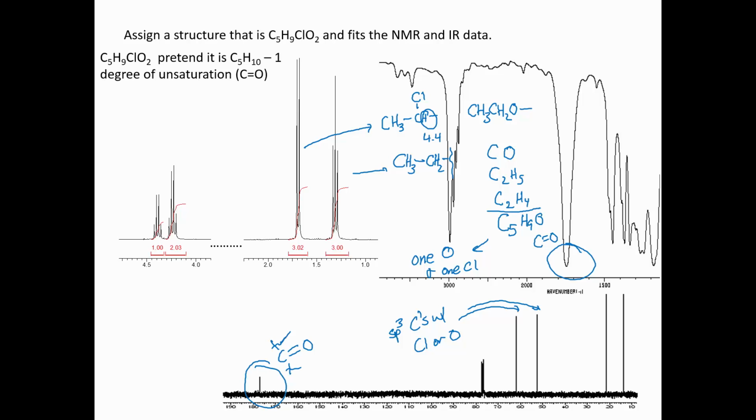So our structure has to be this compound right here. Ethyl alpha chloropropionate would be the name for this compound. So this is our structure. Again, for each of these, I think you should pause it periodically just to make sure you can try and do it on your own.